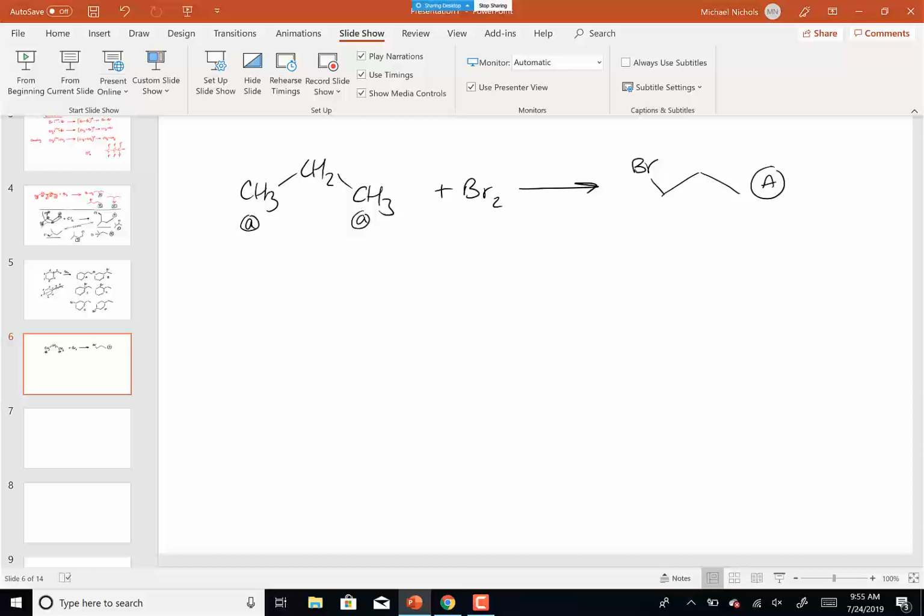And then there would be 2-bromopropane from the CH2, which we'll call B. So we got 2 products. Normally I would say, well, when we have 2 products, what's the next question? The next question is, what's the major product? You tell me.